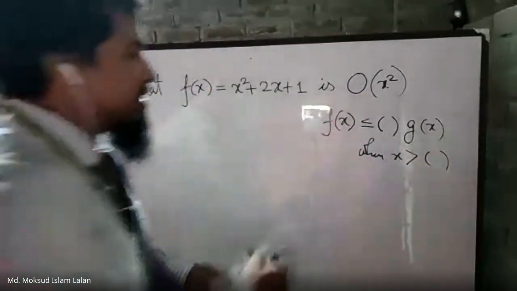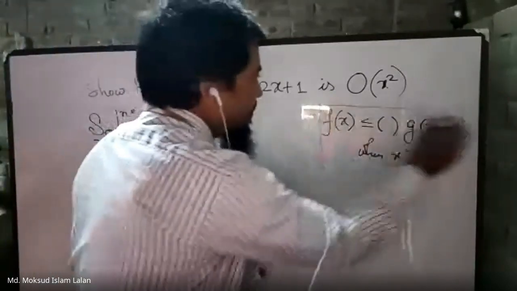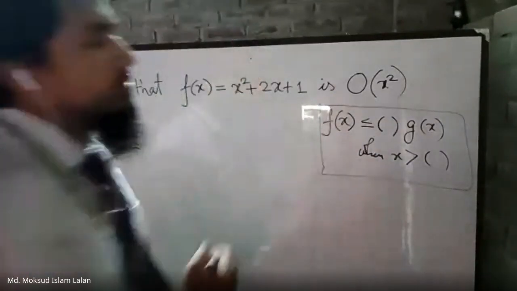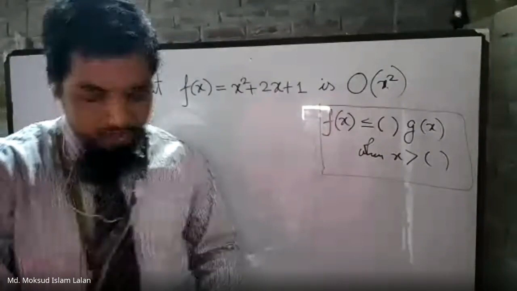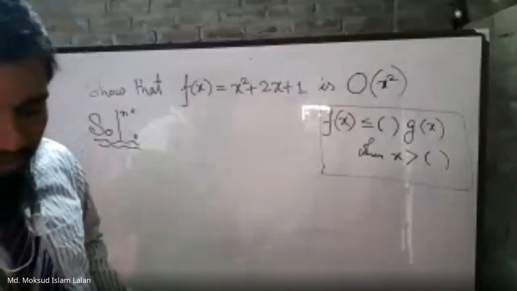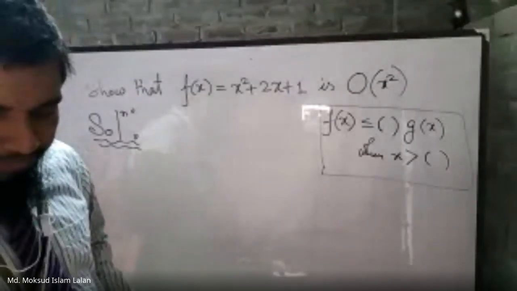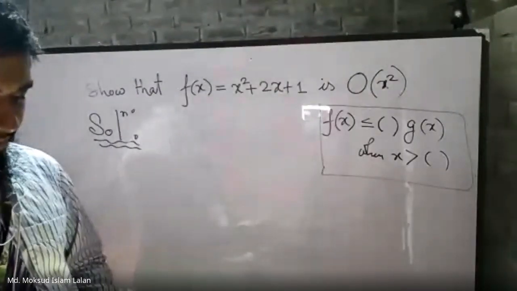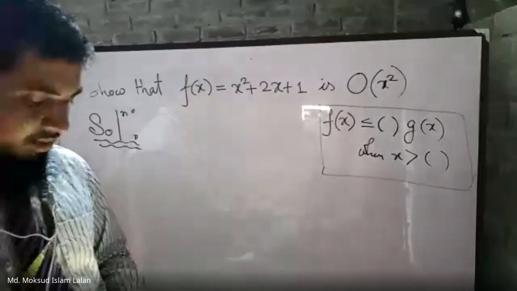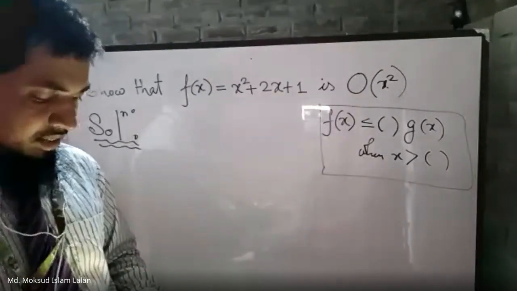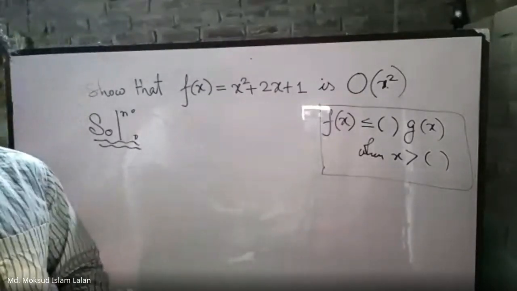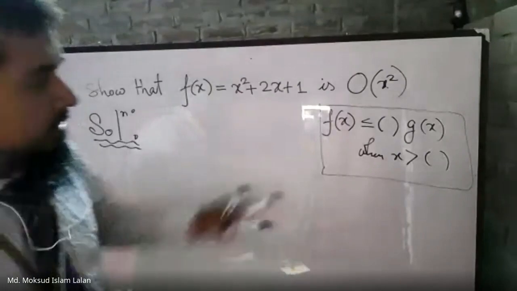This box is our definition of big O. So you need to satisfy this one. This is our definition. We have to satisfy this.